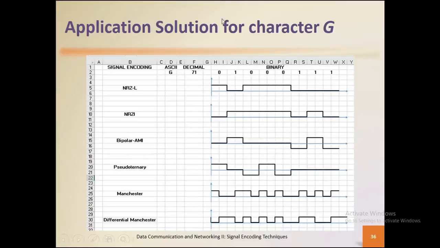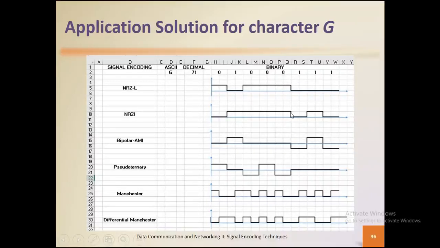So in this case, we're moving from 1 to 0, no transition, we just stay at the exact high voltage pulse all the way across from 0 to 0 and 0 to 0 again until we have a 0 to 1. That's where we transition.